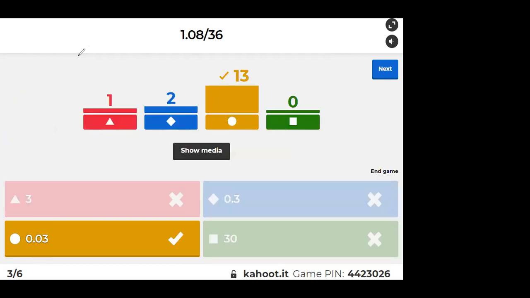So just do this now. 1.08 is basically what? 108 by 100, into 1 by 36, because division is basically multiplication by the reverse. So 3 divided by 100 is 0.03, right? Got it? Very good.